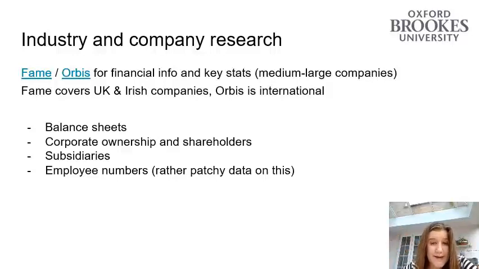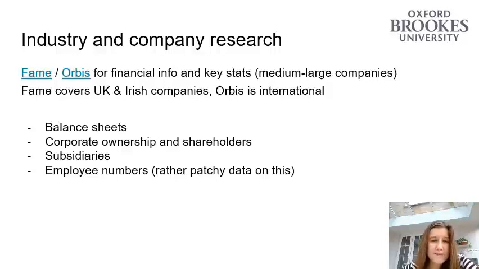So on these databases you can find financial information and key statistics about companies. So we've got balance sheets, we've got information about corporate ownership, shareholders and directors. We've got a list of each company's subsidiaries and some information on employee numbers.